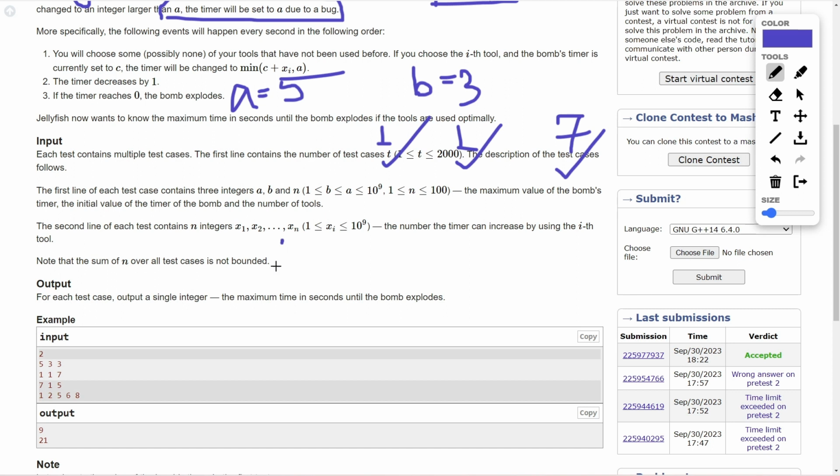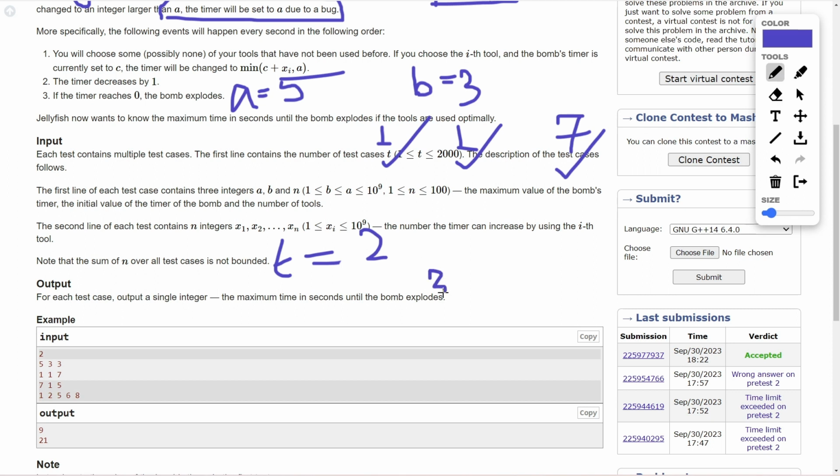Suppose we are at t equal to 2, and currently the timer is, let's suppose, 3.